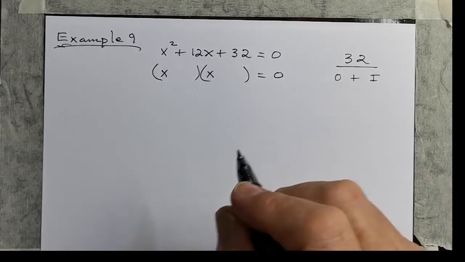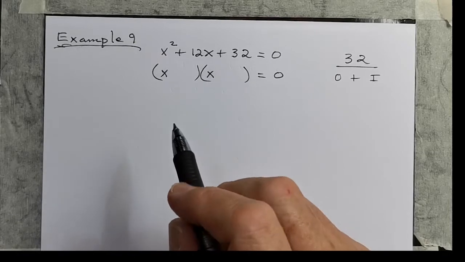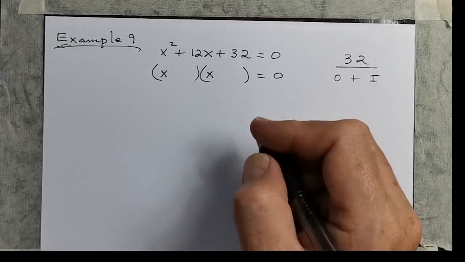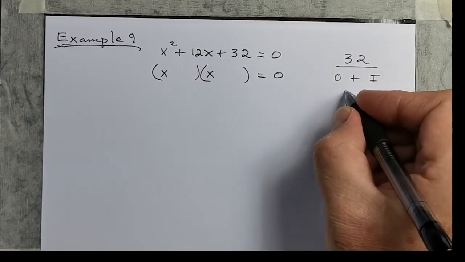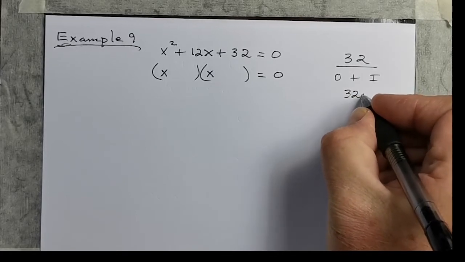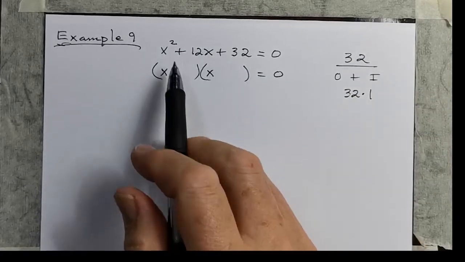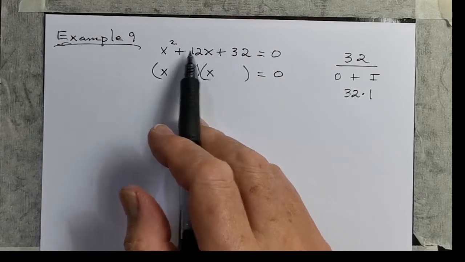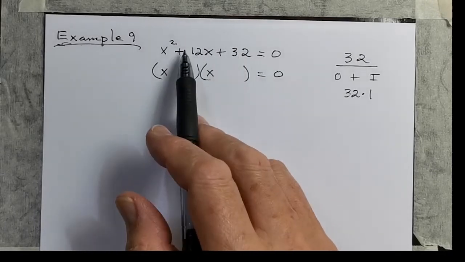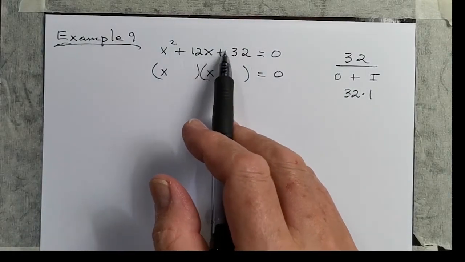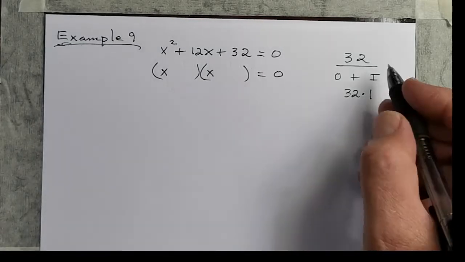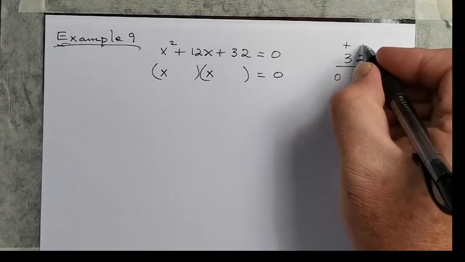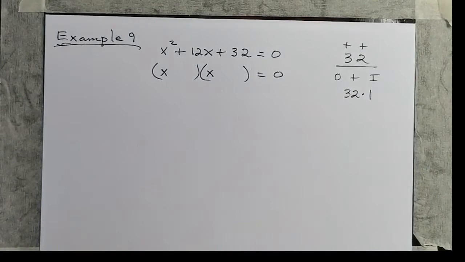So what are the factors of 32? Well, we can start off, we can say 32 is 32 times 1. Notice everything is plus in this trinomial. There are no negatives, so it's plus 12x plus 32. So these are both going to be positive. Our two factors are both going to be positive.